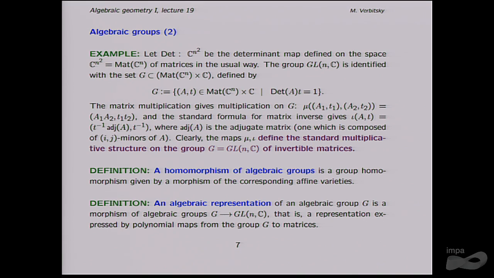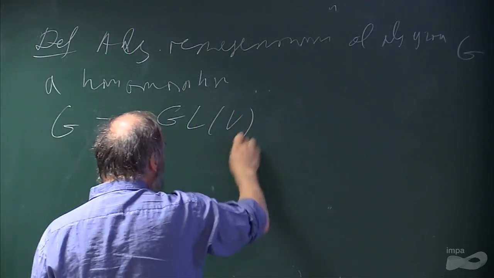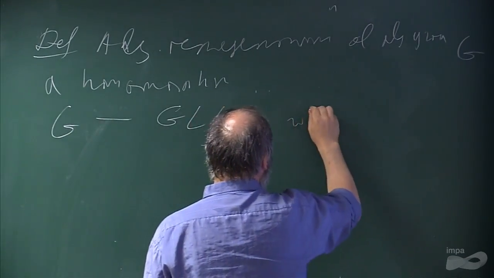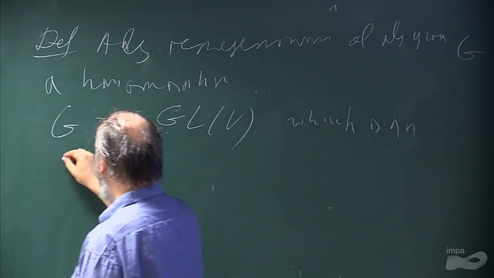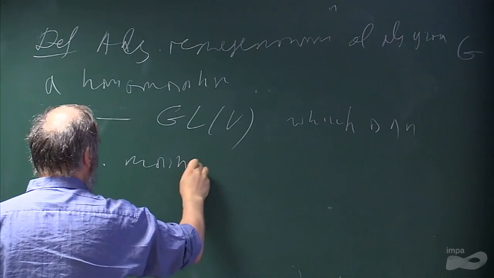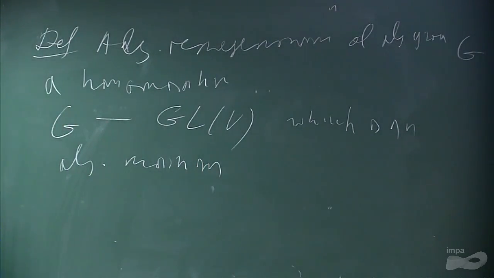Definition: an algebraic representation is a homomorphism of an algebraic group G to GL of V, which is an algebraic morphism, that is, given by polynomial maps.